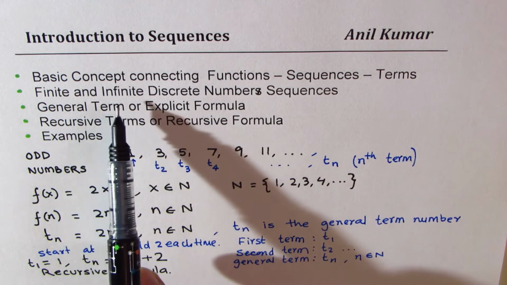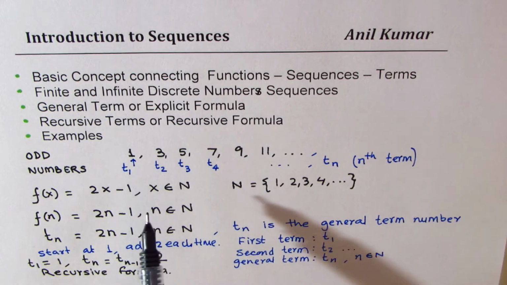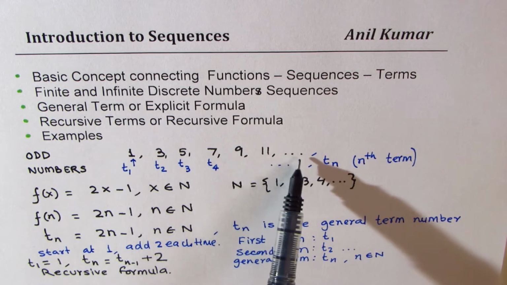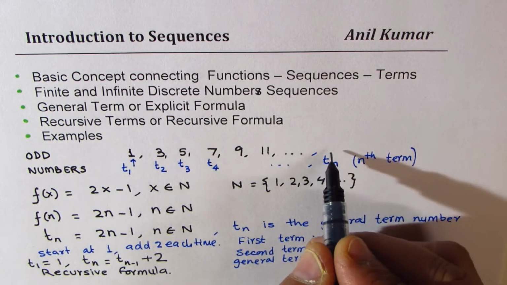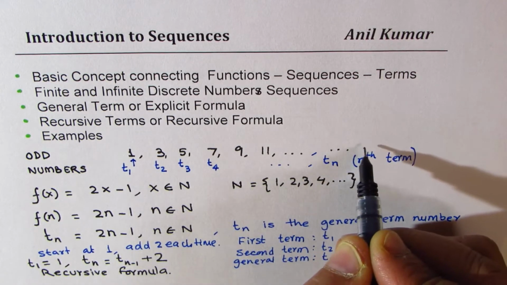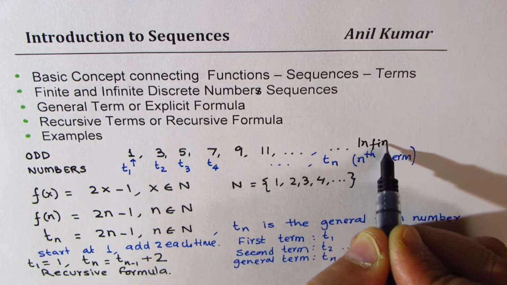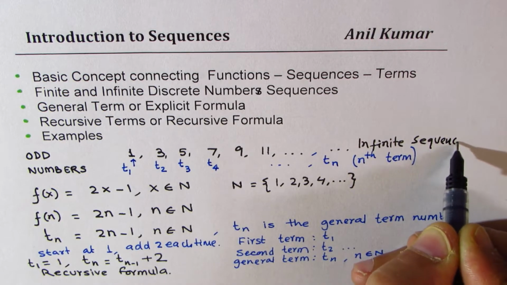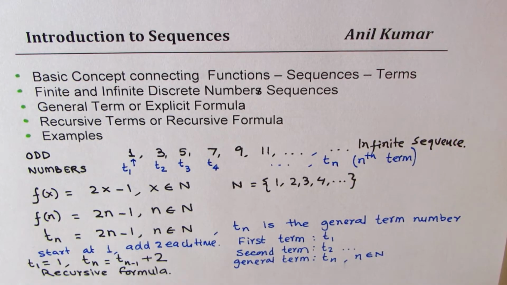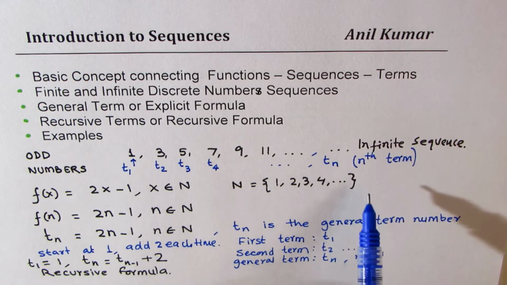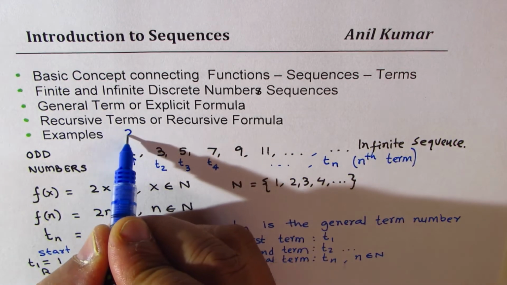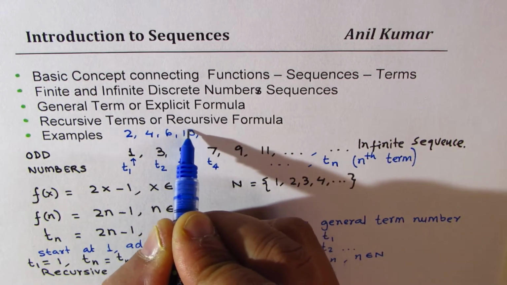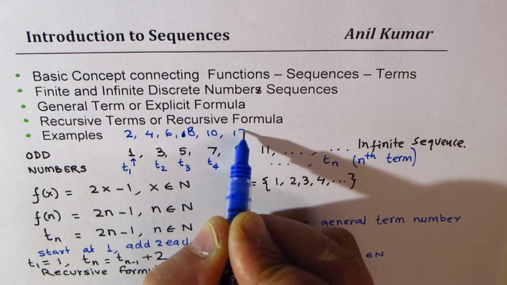Now as far as finite and infinite sequences are concerned, if I just write odd numbers as 1, 3, 5, 7, 11, and so on, it could go up to infinity. So this series will be an infinite series. Let me write sequence. However, if I write a sequence which is, let's say, even numbers 2, 4, 6, 8, 10, 12.